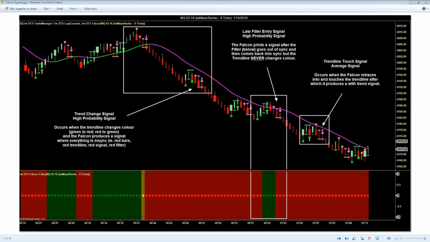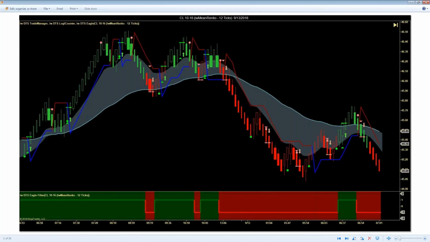And then we'll also have high probability signals here on the Eagle. I'm sorry I haven't labeled the chart just yet, but just very quickly, we've looked at some of these. The hard edge bounce, namely the red bar buy, or the green bar sell, whenever the market encounters the hard edge. We have the basic trend change signal, so when the band changes direction, the market drifts into the band, comes out, produces a signal.